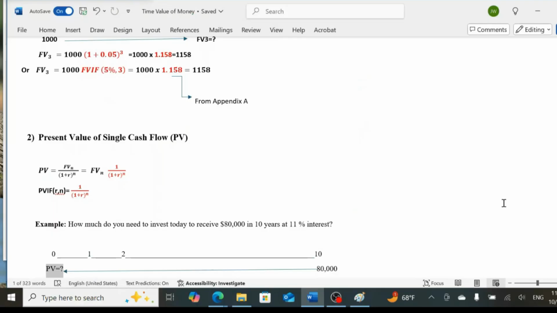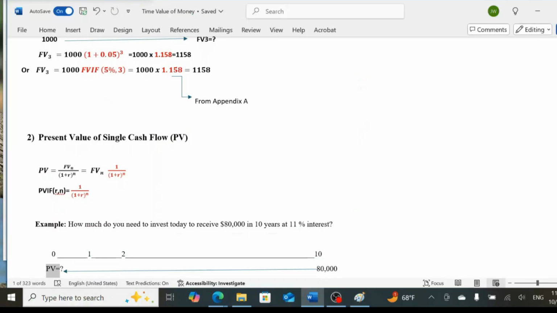For example, you have a 10-year-old, today is his birthday, and you want to open an account and put an amount of money there, to make sure the money will grow to $80,000, so when your son turns 18, he can take out the money and spend it when he goes to college. So the question is how much you need to prepare today so it will grow to $80,000.